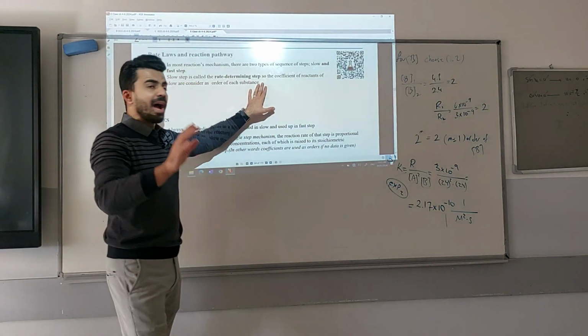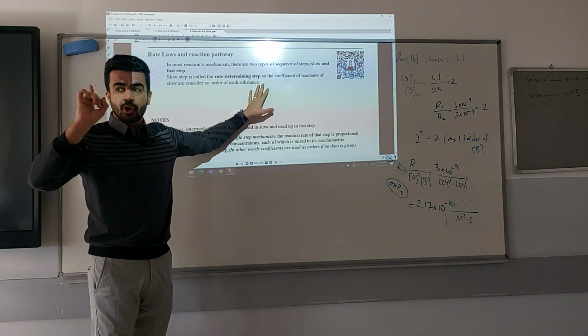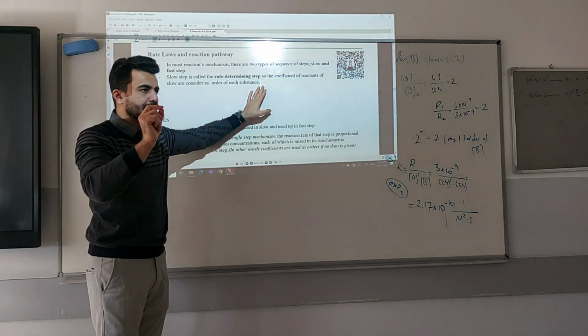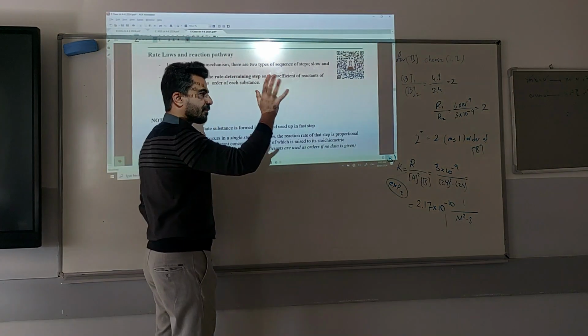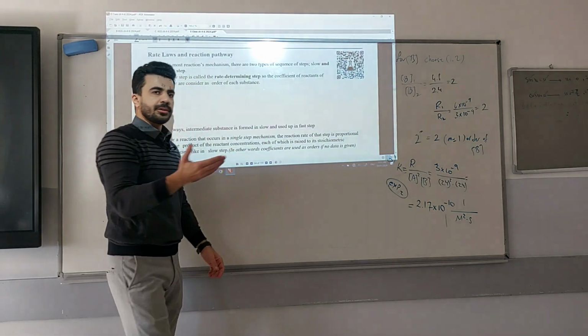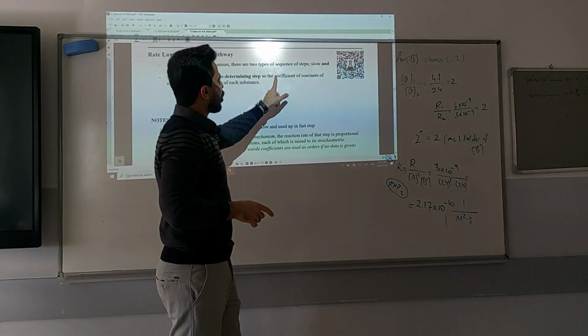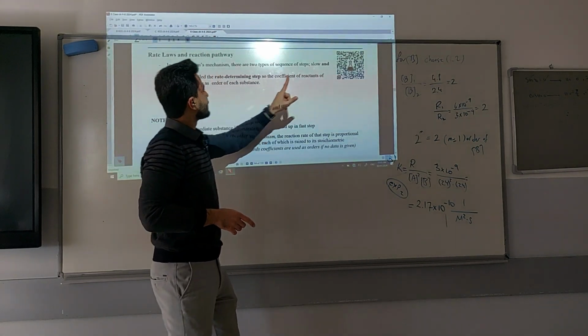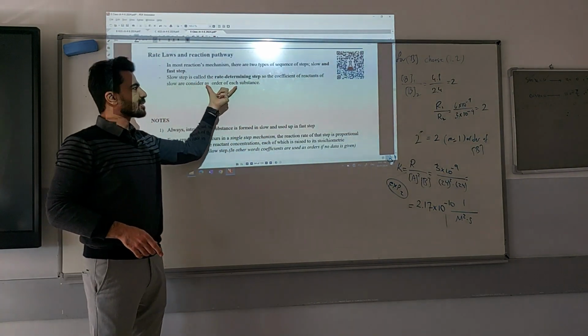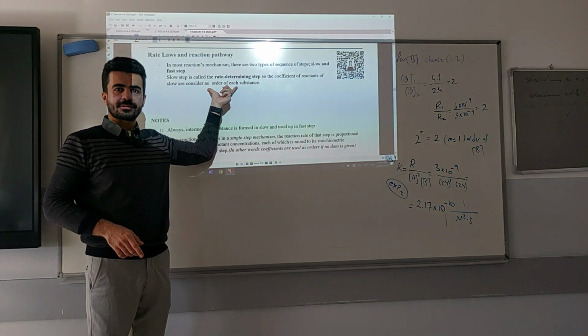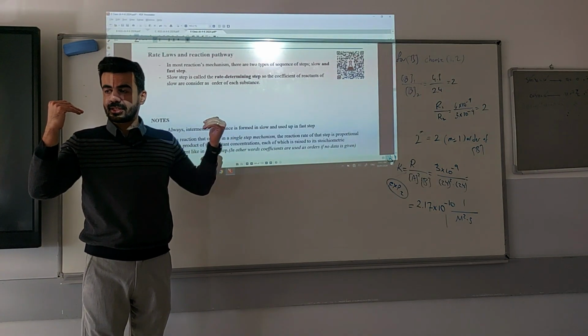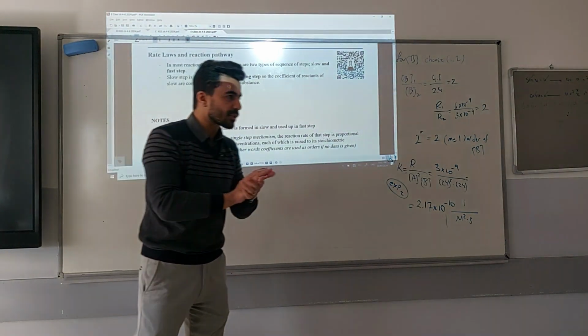Now, we have another note, which we are going to use a lot if we have a slow step and a fast step. From now on, you can take the coefficients of the reactants of the slow step as the order of that substance. If you remember, in the previous lesson, we didn't take coefficient as order, right?